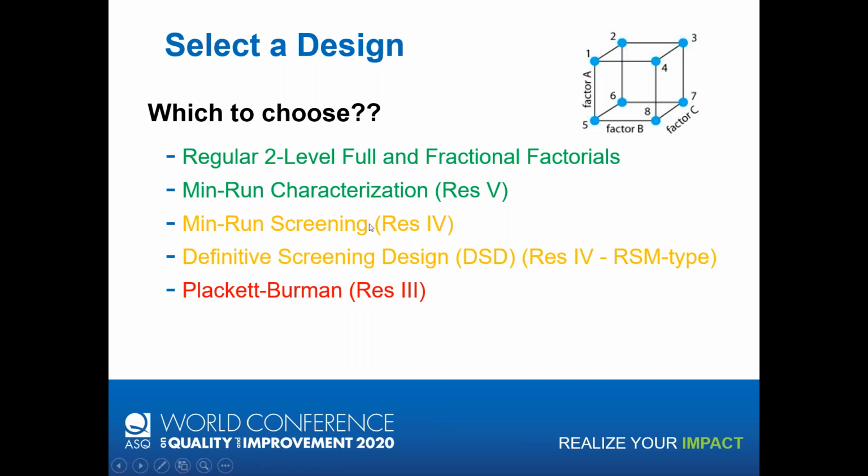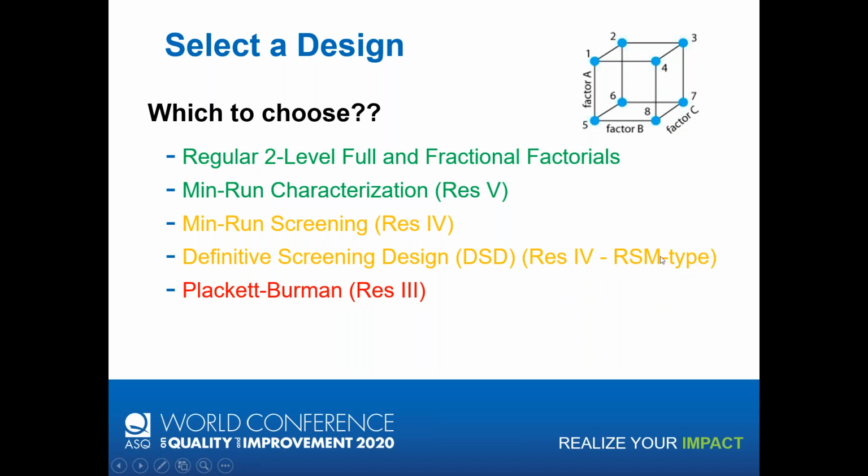Then if we're looking for resolution 4 designs for screening, then again, there are minimum run designs. There are regular designs that are resolution 4, and there are definitive screening designs that are kind of a hybrid. There are resolution 4/RSM types of designs.